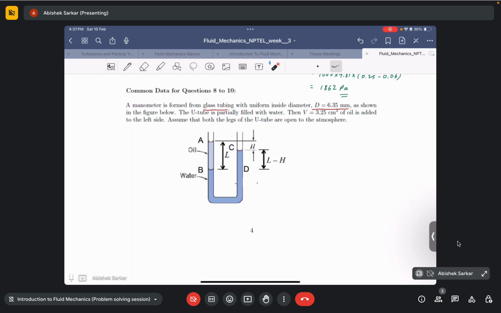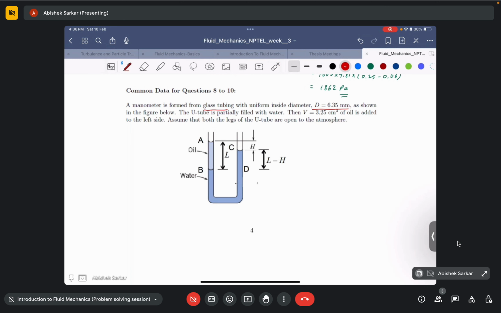In this question, they've explicitly said that these two ends are open to atmosphere, rather than being in a pipe measuring, say, the pressure difference in a gas. So basically they are trying to say that PA is equal to PC is equal to PATM.